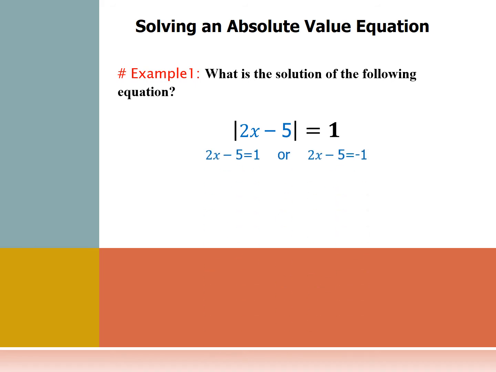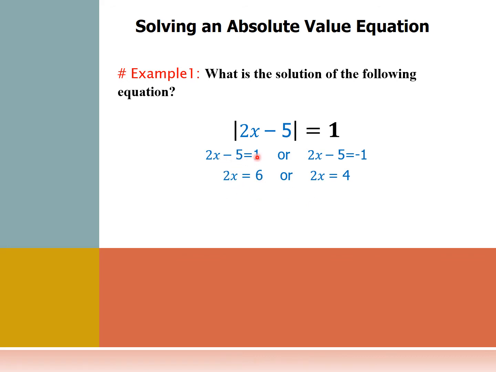So 2x minus 5 is equal to 1, or 2x minus 5 is equal to negative 1. Sometimes we take it positive 1 and sometimes negative 1. Now we have two equations, and we have to solve them to find the value of x.